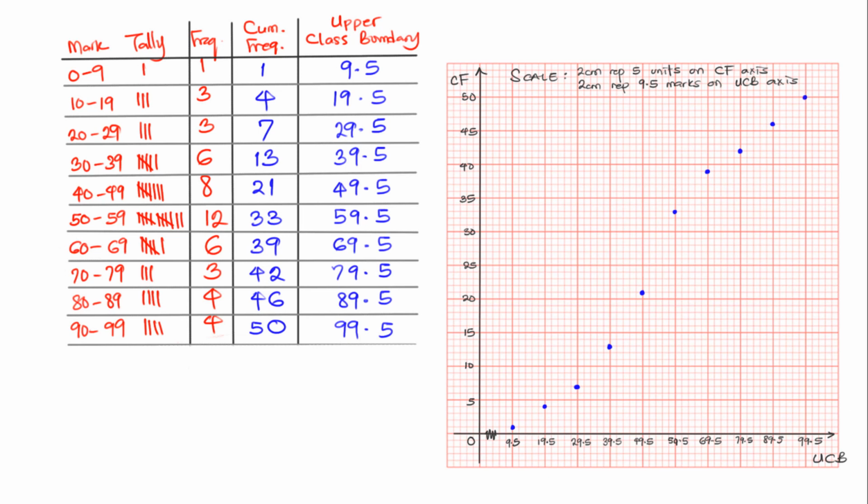Now, having done this, what we need to do to get our cumulative frequency curve, the Ogive, is to join all the points together. I advise students you can use a French curve or you can use a broomstick. I've also found that to be very useful. But since this is a digital workout, I'm just using my free hand to try as much as possible to make them link together.